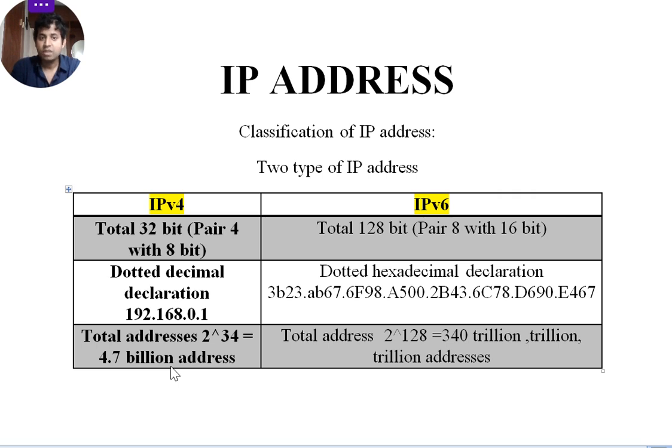IP version 4 has only 4.7 billion addresses, but the current number of internet users is more than 5 billion.